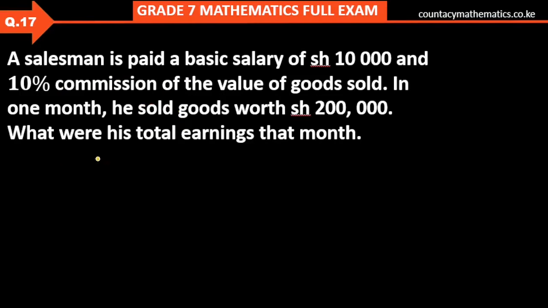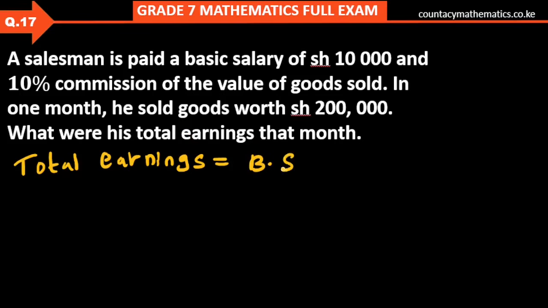So what you are really supposed to know is how to calculate the total earnings. To calculate the total earnings, what you are supposed to do is take the basic salary, let's abbreviate it as BS, that is basic salary, and then you add commission.